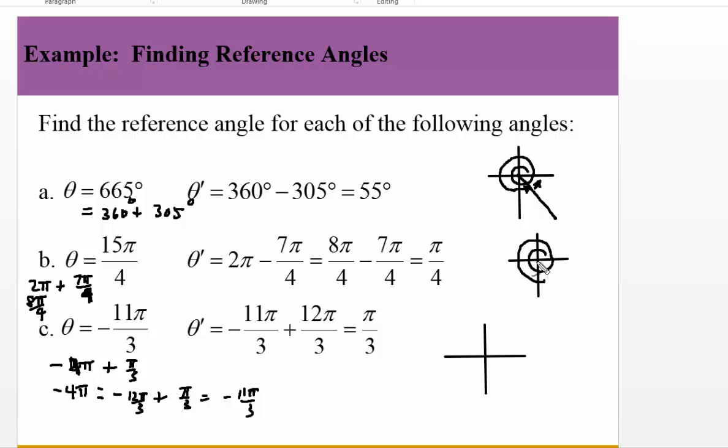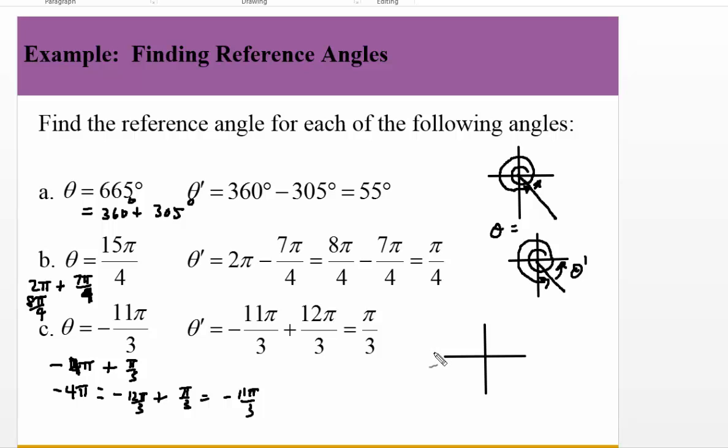And we will end up stopping here. So if this is again theta, and they give us theta as 15 pi over 4, theta prime still going to be that acute angle between the x-axis and the terminal side of theta. So in this case, I think y'all would see it's pi over 4.